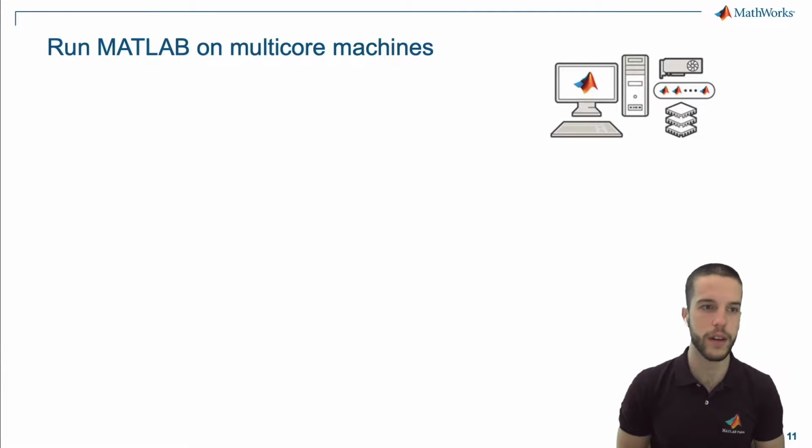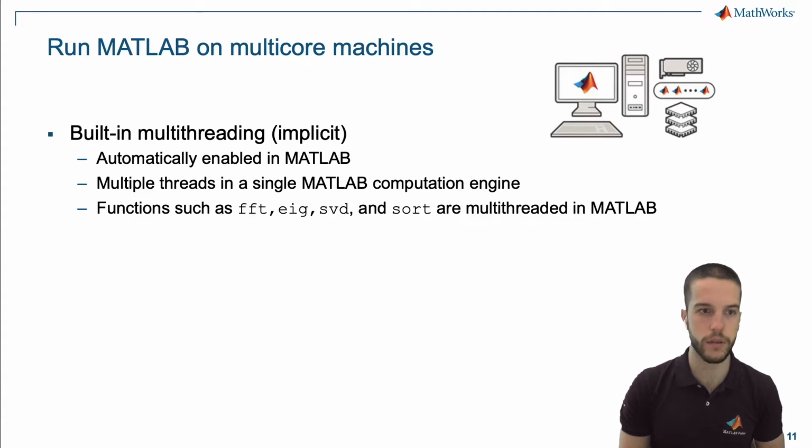So how can we run MATLAB on a multicore machine? There are two different ways. The first one is actually used by everyone without even knowing it, because it's simply multi-threading of the functions of MATLAB.